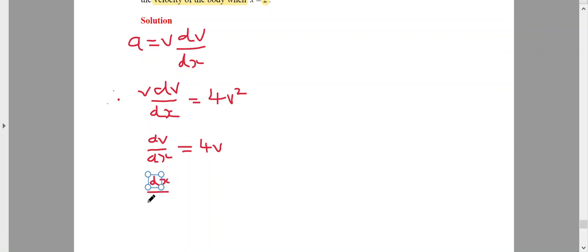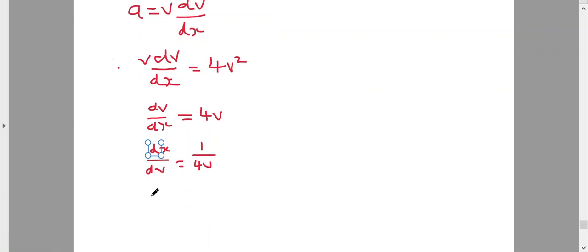So I write dx dv equals 1 over 4v. And now I integrate both sides with respect to v, which gives me x equals the integral of 1 over 4v dv. So I did need to flip this one.